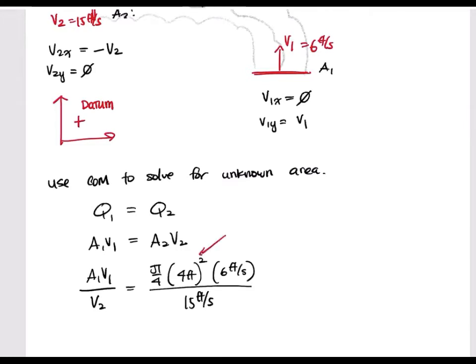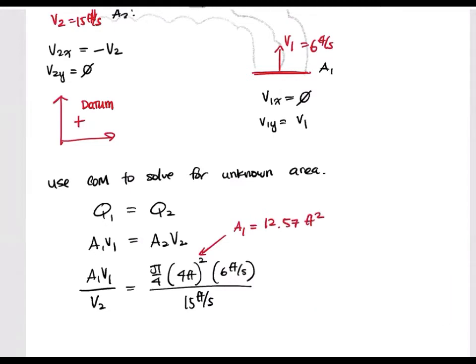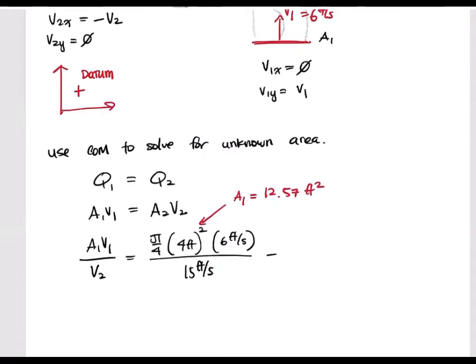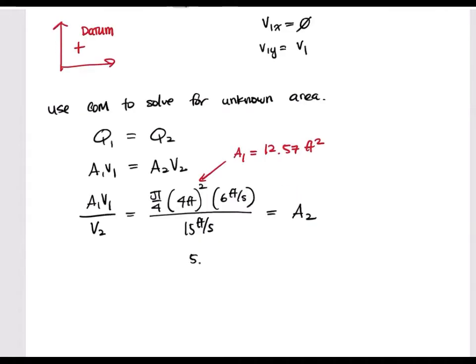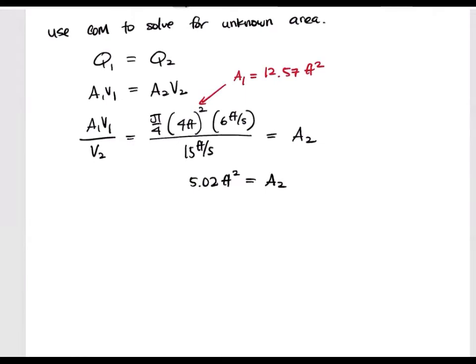I'm going to need this calculation later, so I'm going to go ahead and write that A1 is equal to 12.57, and that's going to be feet squared. Okay, so let's go ahead and solve for our A2. A2 is going to be 5.02 feet squared. Excellent. So now let's go ahead and put everything together into the linear momentum equation.